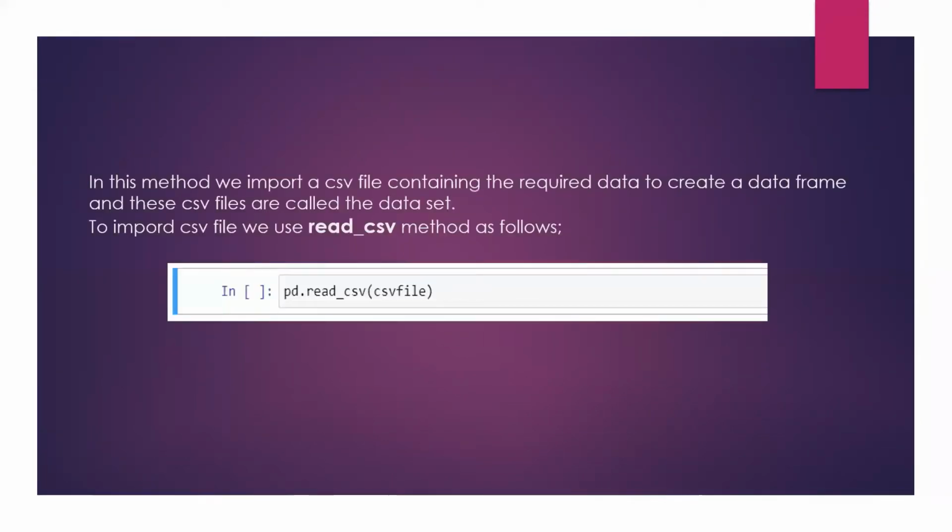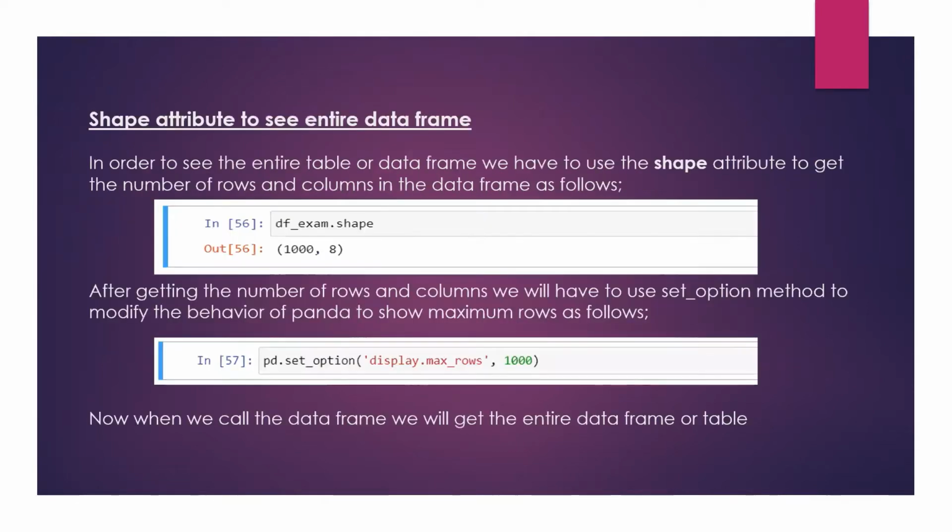We discussed how we can import a CSV file in Python or Jupyter Notebook, and how we can create a data frame from a CSV file. Then we saw the attributes of a data frame, and how we can see a data frame in different ways.